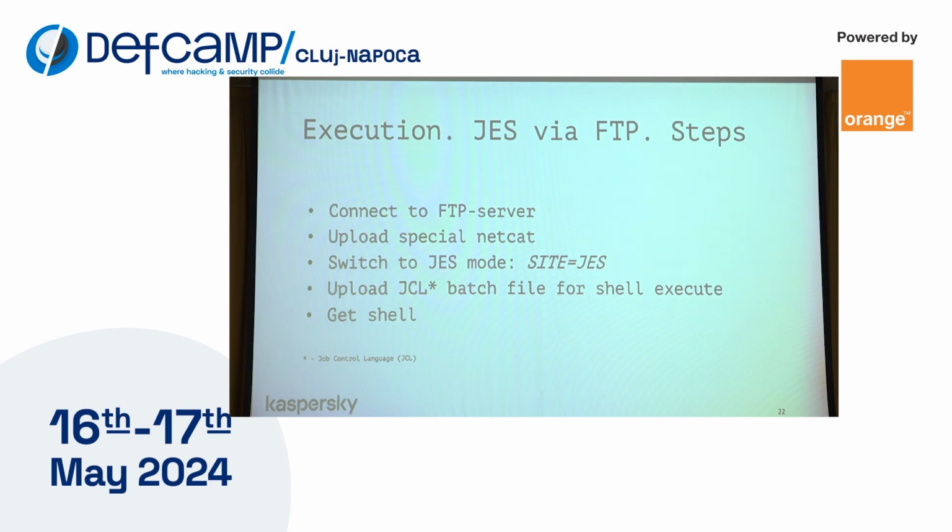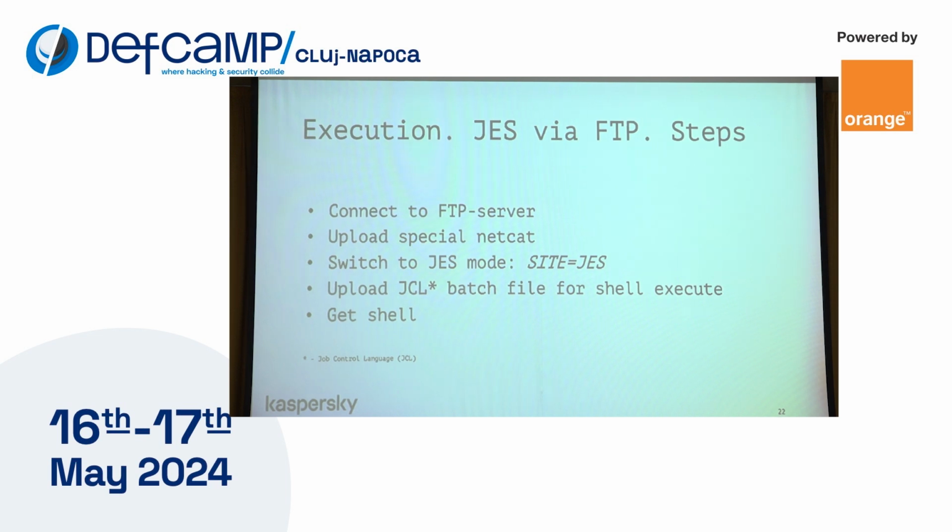In practice, following these steps may help you to execute commands on the mainframe using the Job Entry System. Firstly, you need to connect to the FTP server with valid user credentials. After that, you need to upload a specially compiled netcat. It may be found on the internet. After that, you need to switch the current FTP connection to a special JES mode.